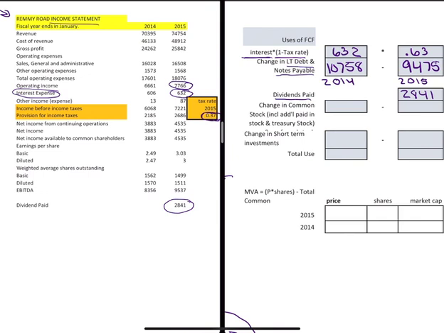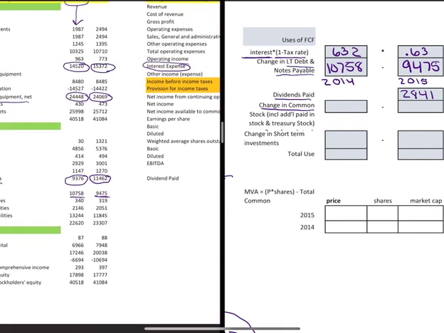Okay. Then we're going to calculate changes in common stock. So again, we do the difference between 2014 and 2015. This includes multiple categories. So we're going to go back and look at our balance sheet under our stockholders' equity.